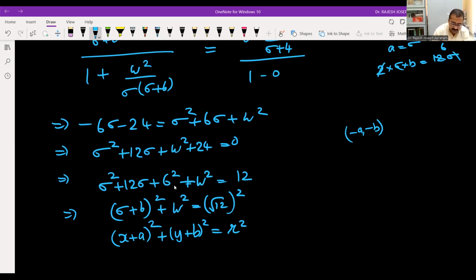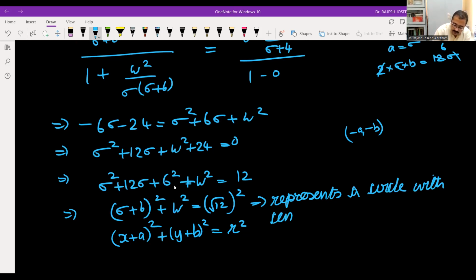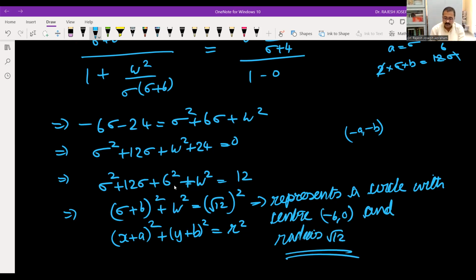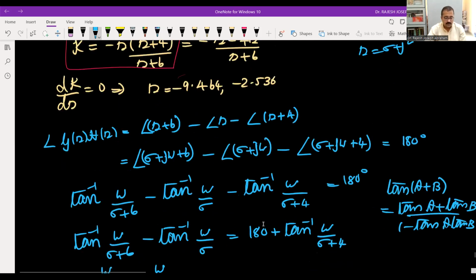So here, what does it mean? This represents a circle with center minus 6 comma 0 and radius root 12. Okay, so we have proved that this will be a part of root locus.